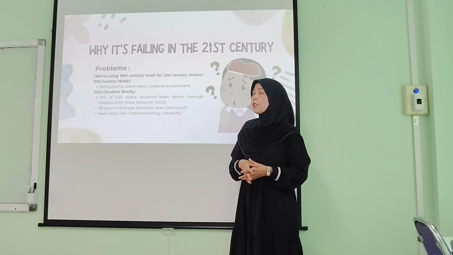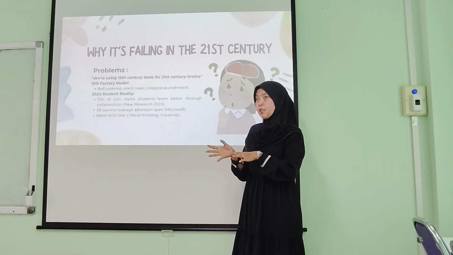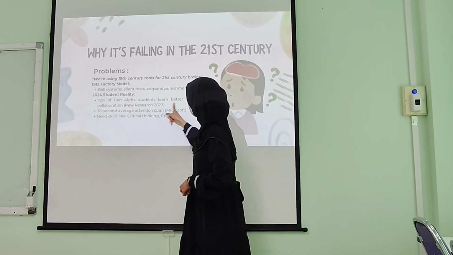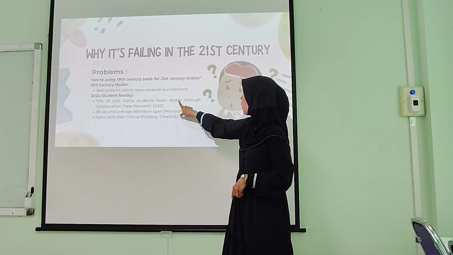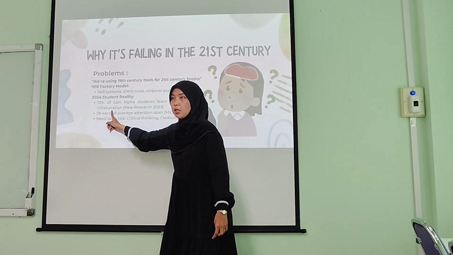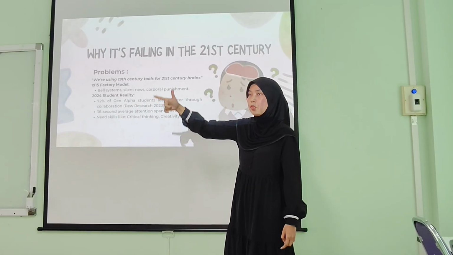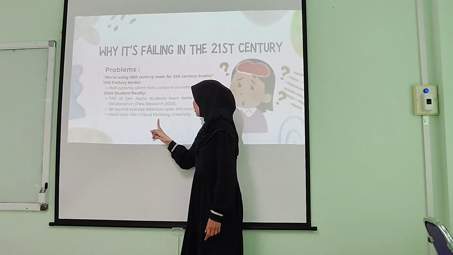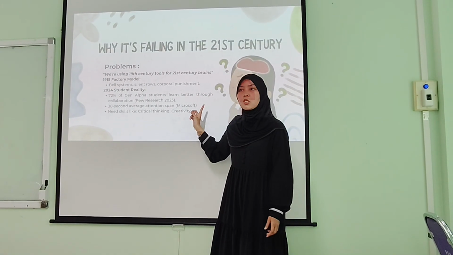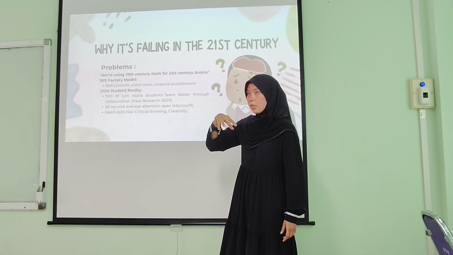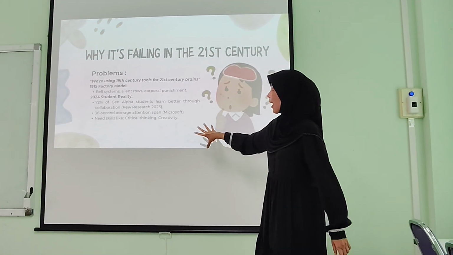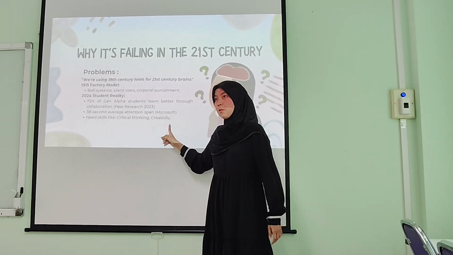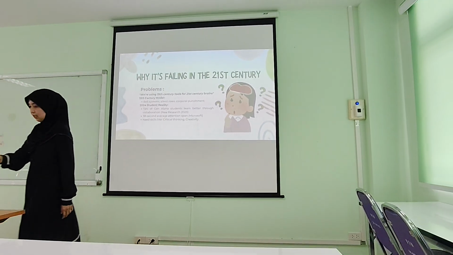They can focus just 5 to 7 minutes. And students also learn better through collaboration, not memorizing or just following the rules. And they need skills like critical thinking, creativity, and problem solving for today's workplace. So the old model doesn't match student needs nowadays. Understand? Yeah.